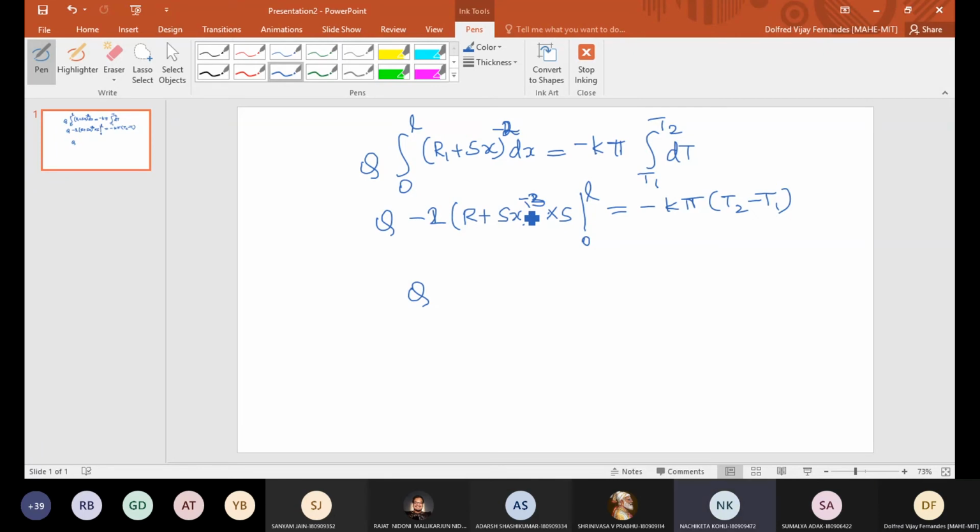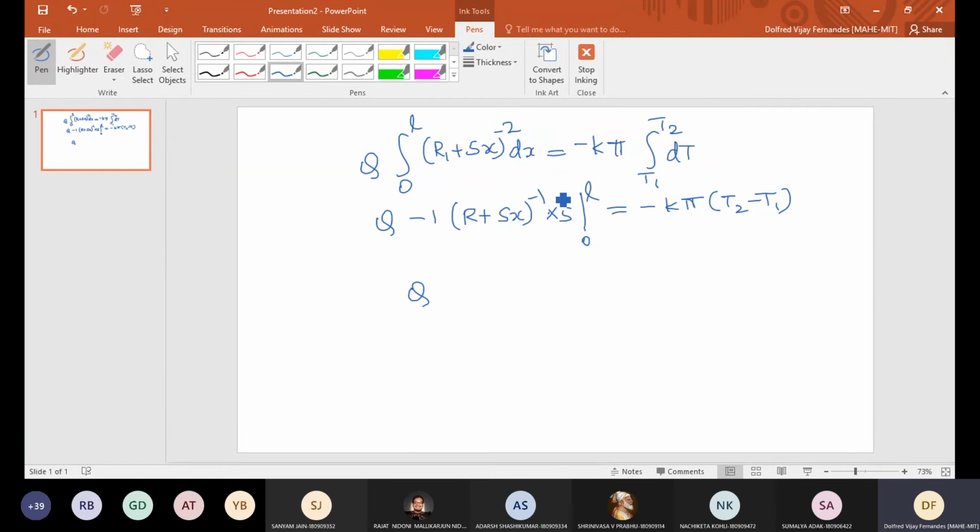So minus 1, (R1 plus Sx) raised to the power minus 2 plus 1. Yes, sir, we are integrating. So this is minus 1 into... this is minus 2 here, so plus 1, right?